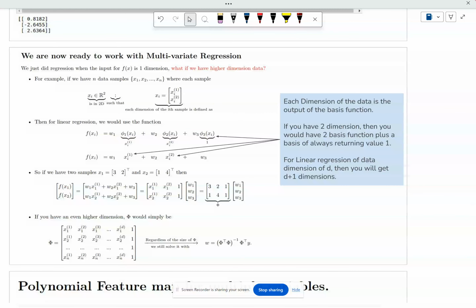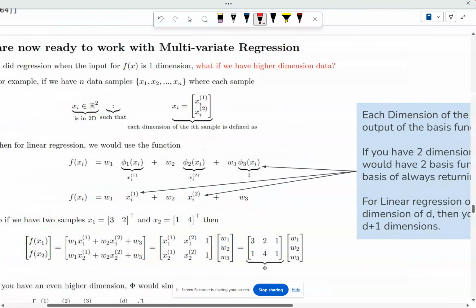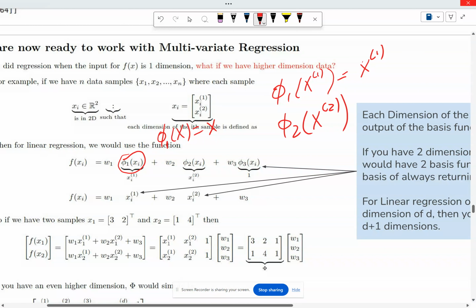Okay, so previously you only had x, but now let's say you have 2 dimensions or 3 or 4. It doesn't matter. Remember previously phi 1 of x is just equal to x. Well, now phi 1 of x is for the first dimension, it's just going to be the first dimension. And then phi 2 of x is just going to be the second dimension.